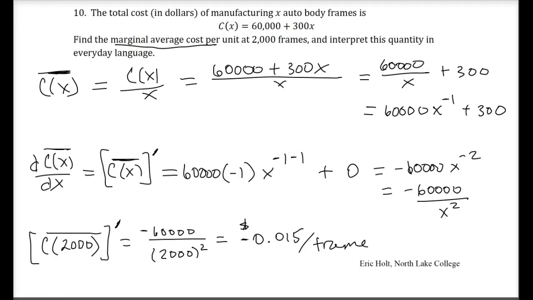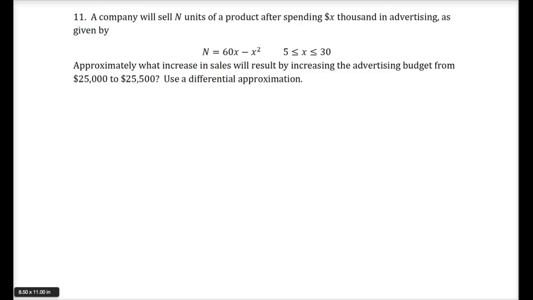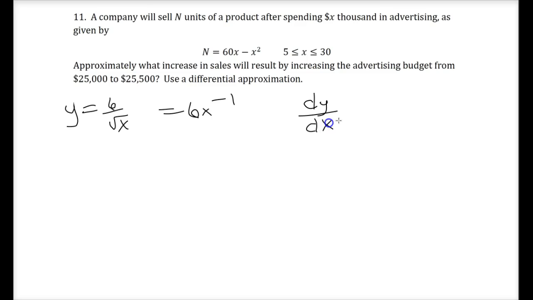Let's move on to question number E11. This is the question I was referring to way early in the video. We had calculated our function, and I rewrote it like this. I said we know that dy over dx is y prime of x, and for that problem all we had to do was y prime of x times dx.